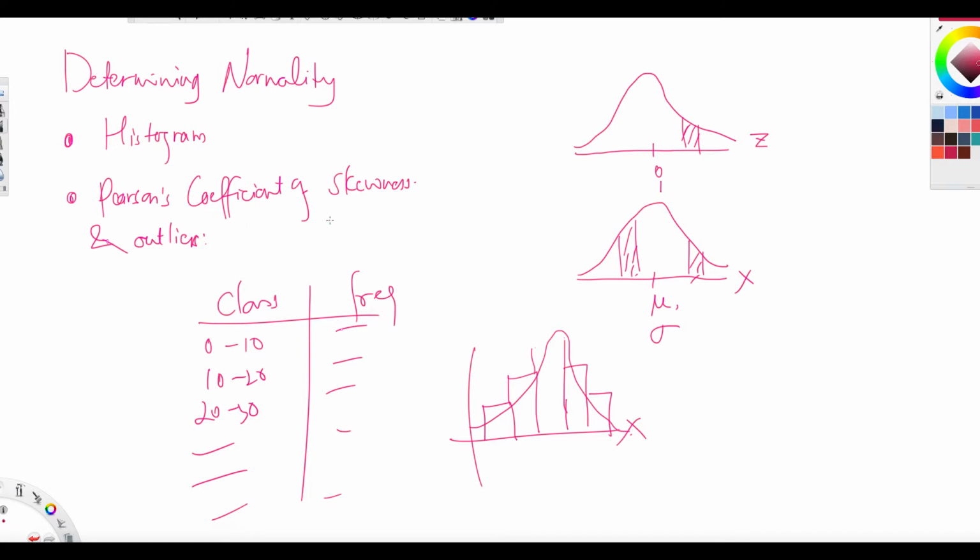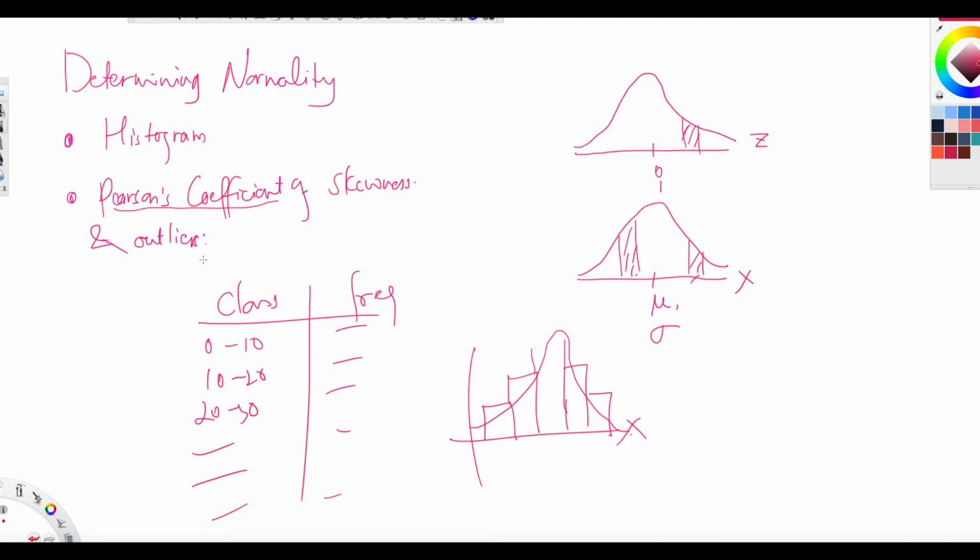For Pearson's coefficient of skewness, we find the coefficient by using a certain formula, and then it will decide whether the distribution is left skewed or right skewed. If the distribution is not left skewed or right skewed, then we call it approximately normally distributed.